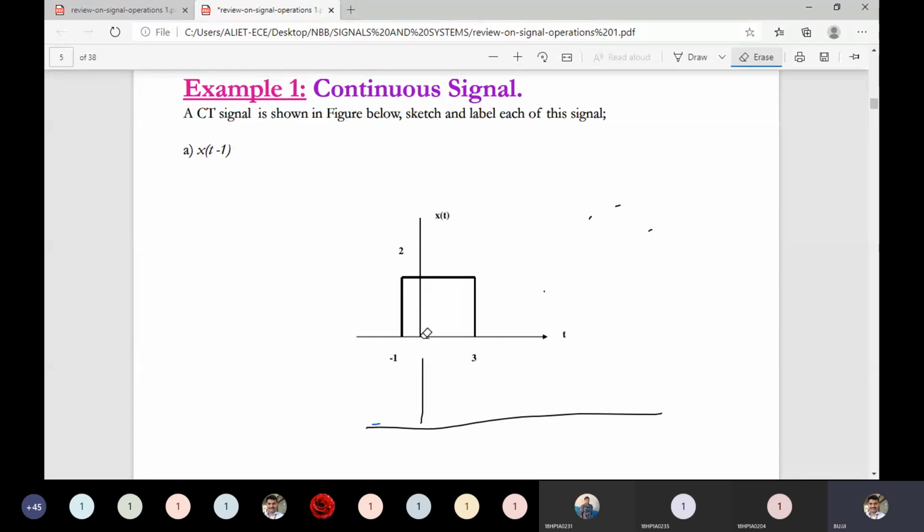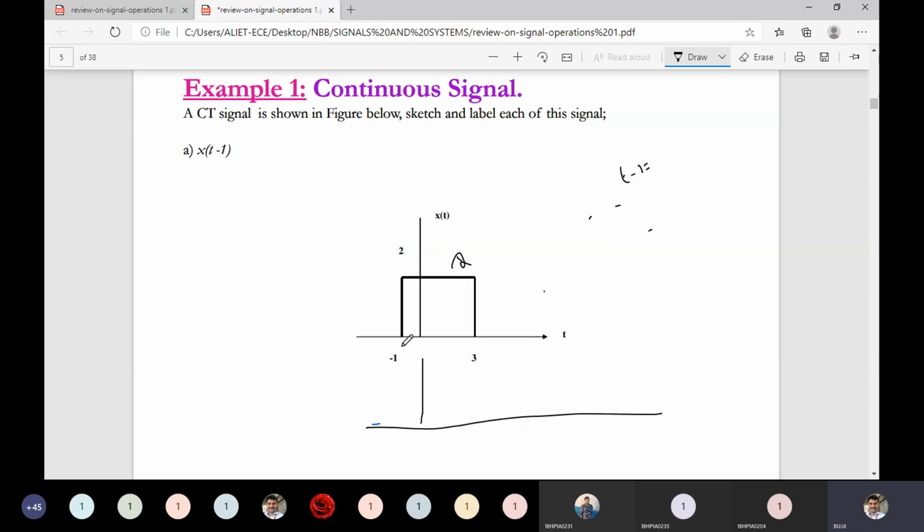Already the amplitude is 2. For this one it is minus 1 to minus 3. For t minus 1, the origin will change.